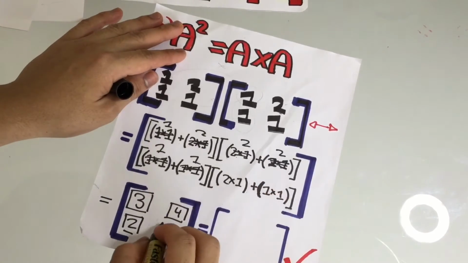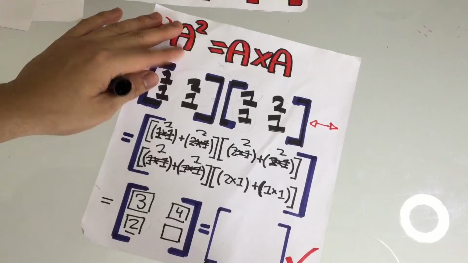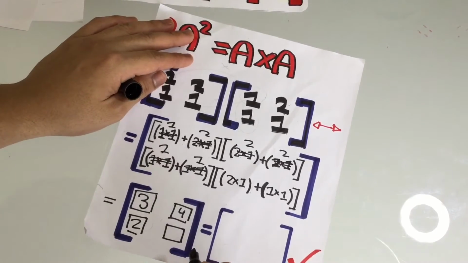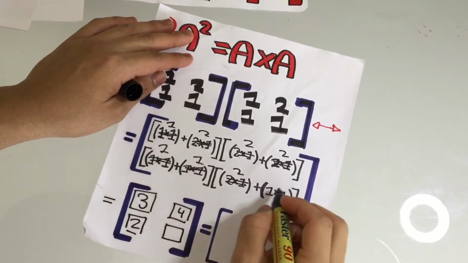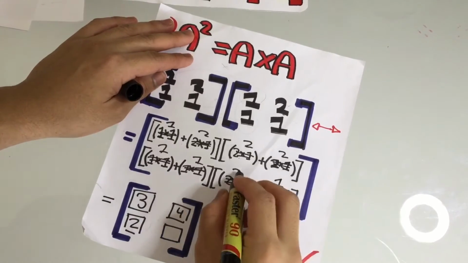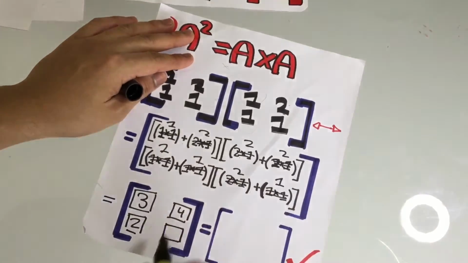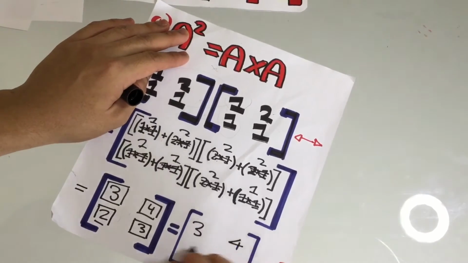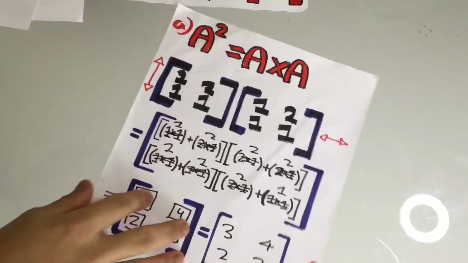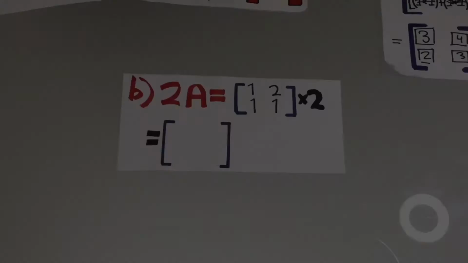Now we're going down here, the final part, 2 times 1, 2, 1 times 1, 1, 2 plus 1 will be 3. Which is the answer here. 3, 2, 4, 3.